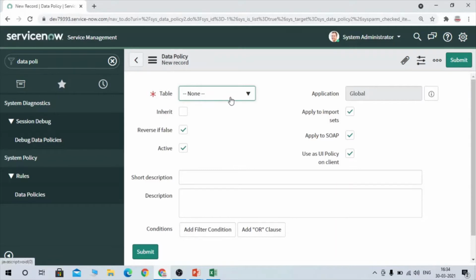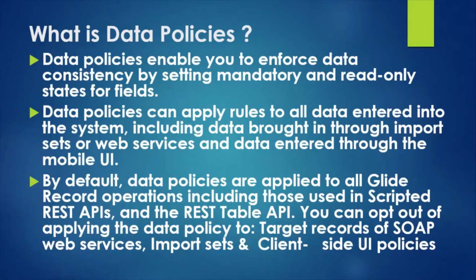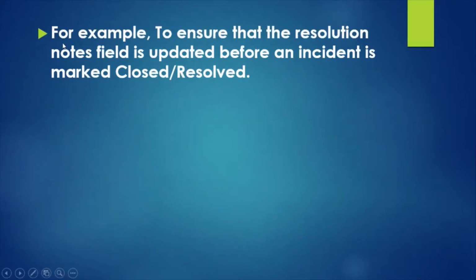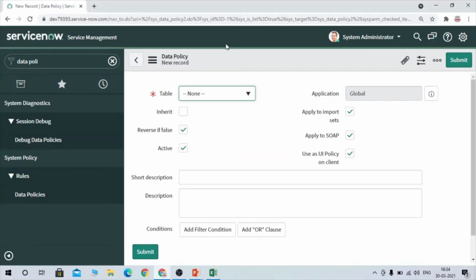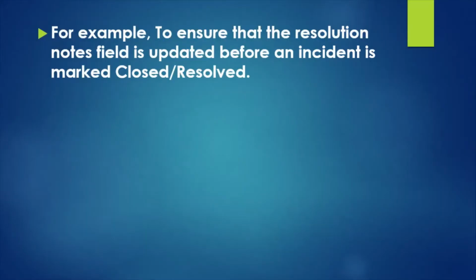And here you have to select the data policy table where you want to apply this data policy. Okay, so let's take one example and try to create a data policy: to ensure that the resolution notes field is updated before an incident is marked as closed or resolved. So whenever we are closing or resolving the incident, we have to update the resolution notes field.